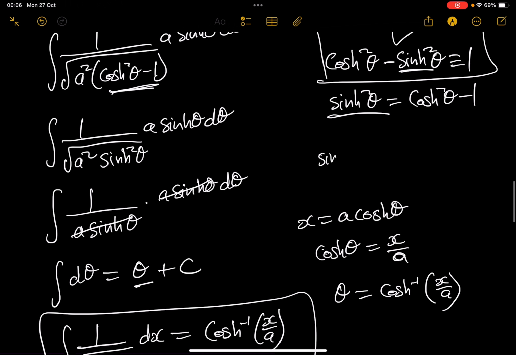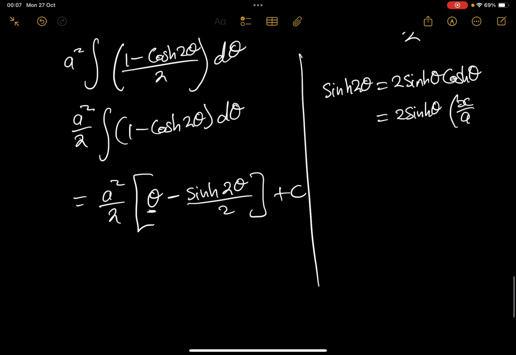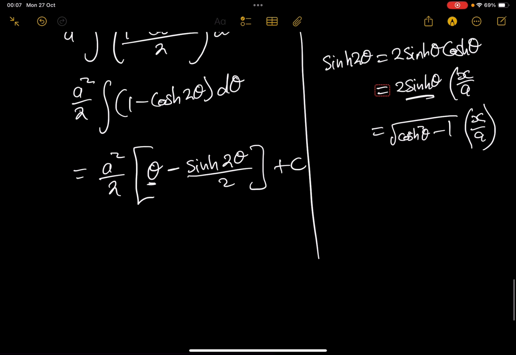So sine theta is going to be root cos squared theta minus 1, and that's what you're going to substitute here. So here you're going to have root cos squared theta minus 1 times x over a.